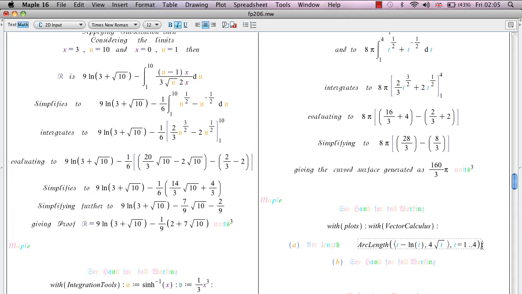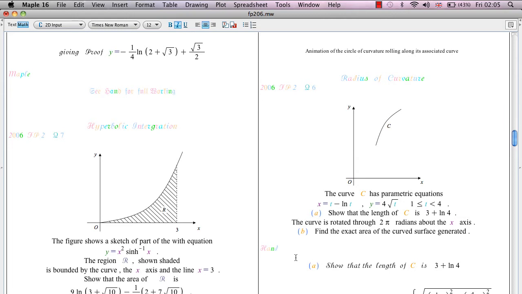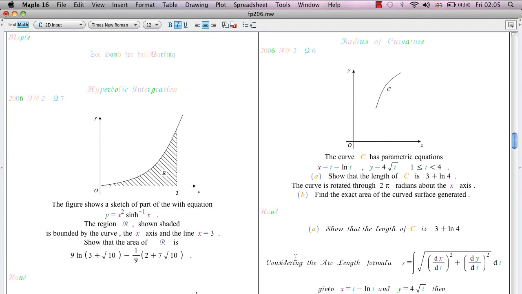And the arc length. Question 7. The integration of the shaded area, hyperbolic function.